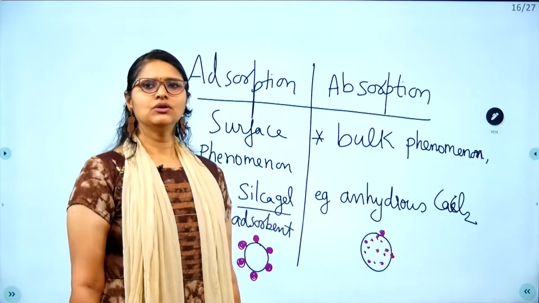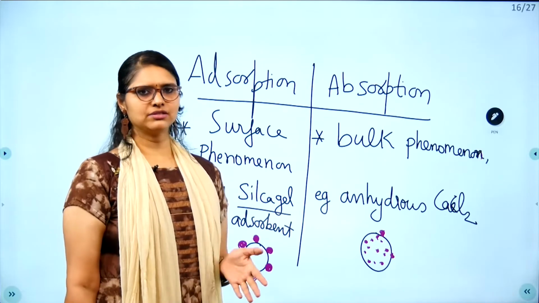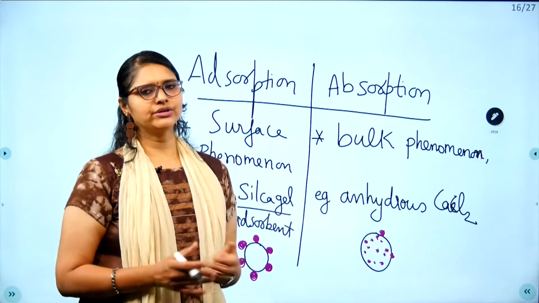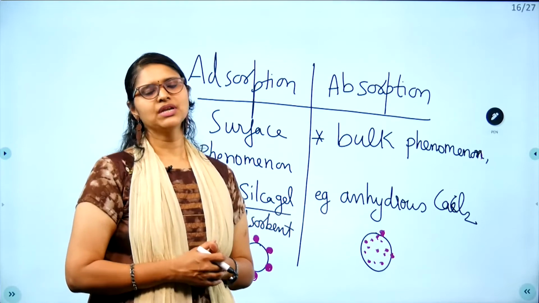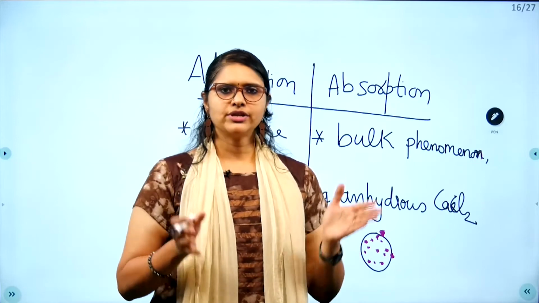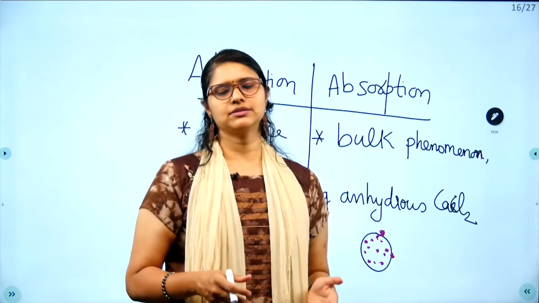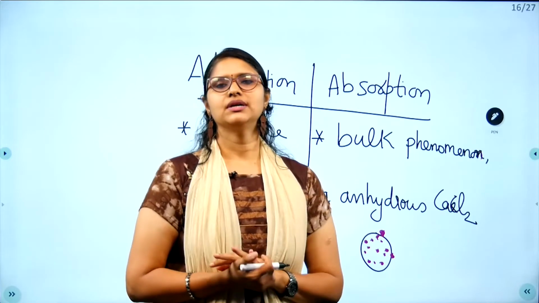That is the difference between adsorption and absorption. Now purely you are going to see about adsorption. To sum up, adsorption occurs at the surface, so it is called a surface phenomenon, which involves adsorbate and adsorbent. Put together, adsorption takes place.